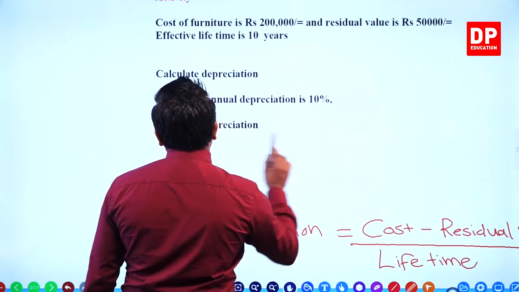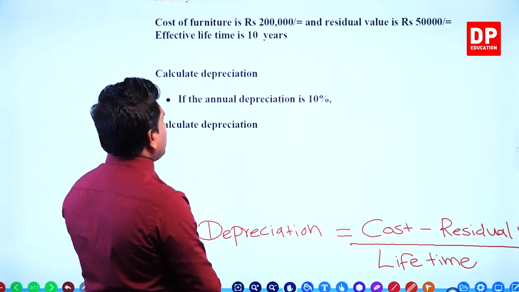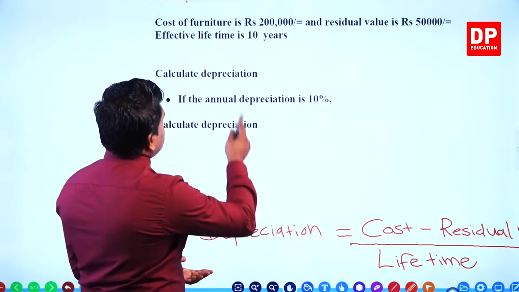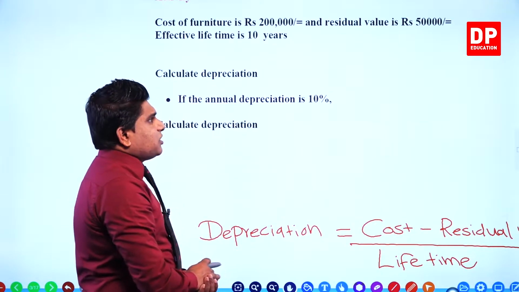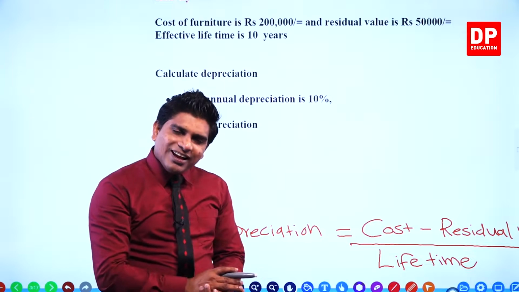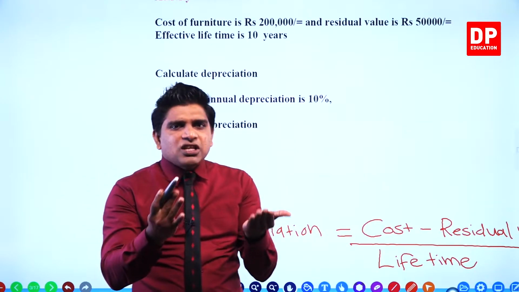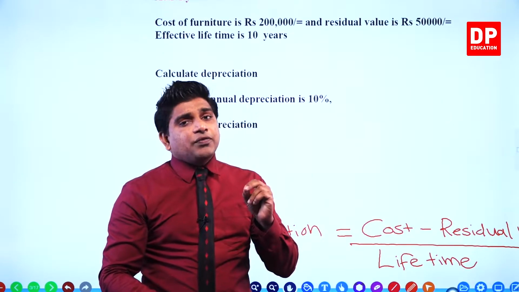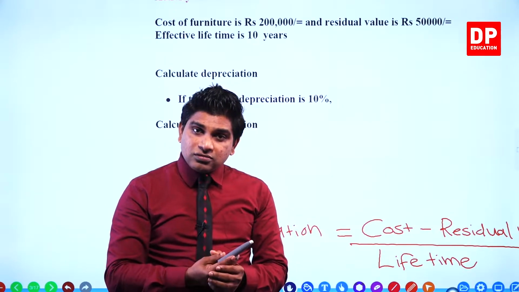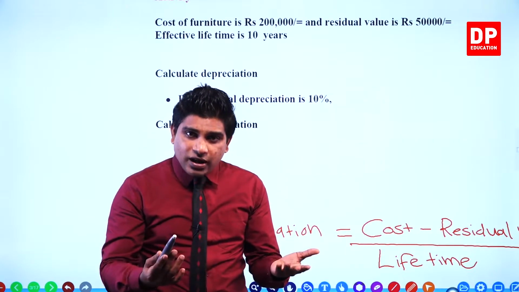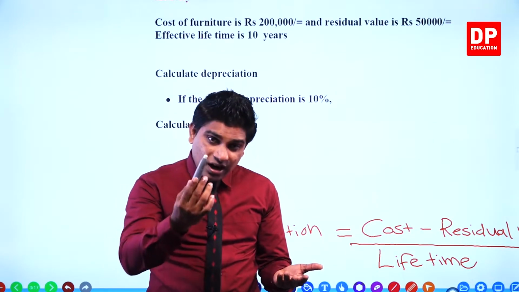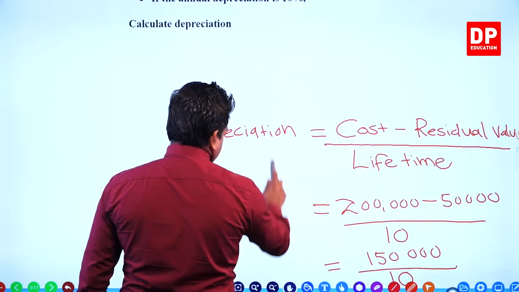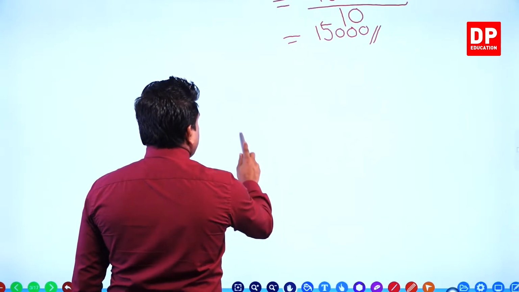Next one means the same question, but they have given a percentage for us: 10%. Right? Cost is 200,000. Residual value is 50,000. Then tell me how much is the value that we use to calculate the depreciation. 200,000, no, 50,000, no. Depreciable value: 150,000. In the second method also we use the same value to calculate the depreciation.